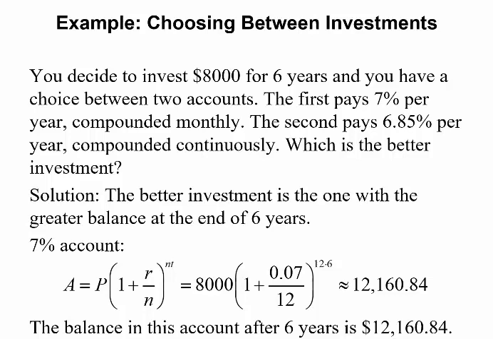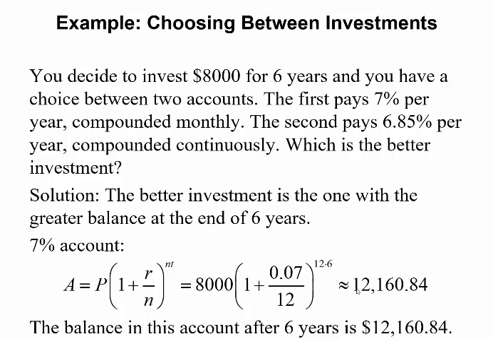So using your calculator, let's do the compounded monthly first. The amount in the account is equal to the principal times 1 plus R divided by N, raised to the N times T. That's $8,000 times 1 plus, if it's compounded monthly, it's getting 7% per year, so 0.07 divided by the 12 months, close the parentheses, raised to the 12 months times the 6 years.